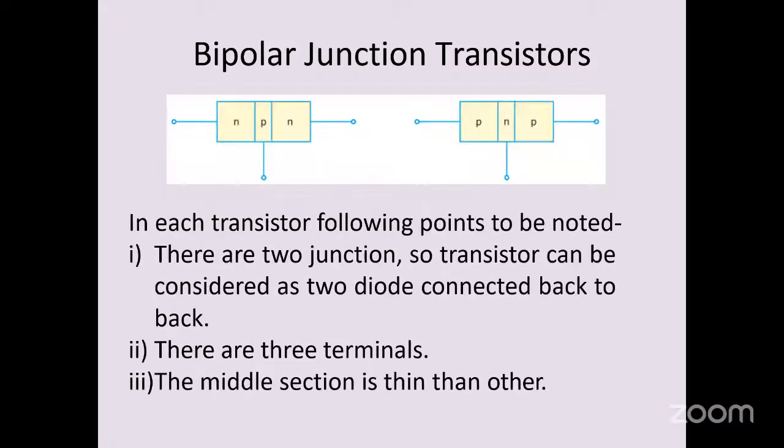So the symbolic representation, or in construction, if you want to observe the PNP or NPN, you can see here the NPN transistor or PNP transistor. The transistor has three portions.